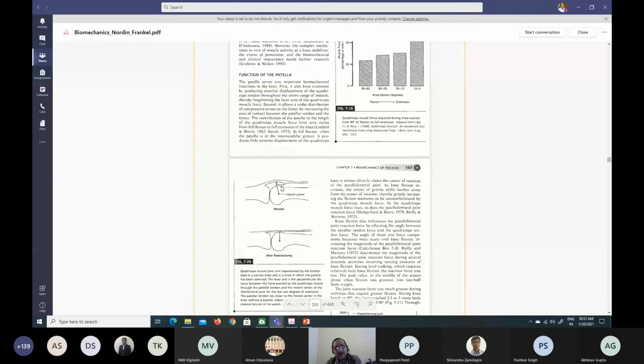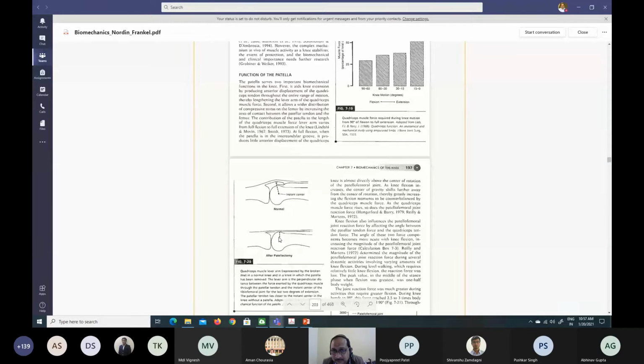Due to its presence, it helps to distribute the compressive forces in the form of stresses in the patellofemoral joint. Okay, so these are the two main functions of the patella.